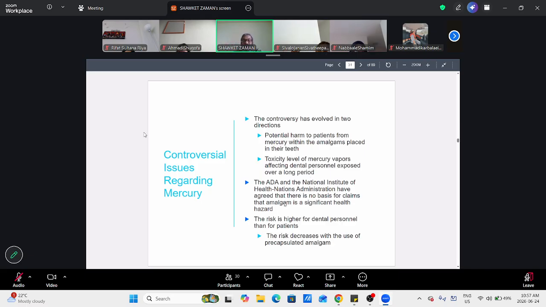As you can see, the risk decreases with the use of pre-capsulated amalgam. Pre-capsulated amalgam was invented maybe 30 or 40 years ago. Previously, people used hand mixing with the mercury. Nowadays, we are not using hand mixing; we are using triturators to mix the amalgam.